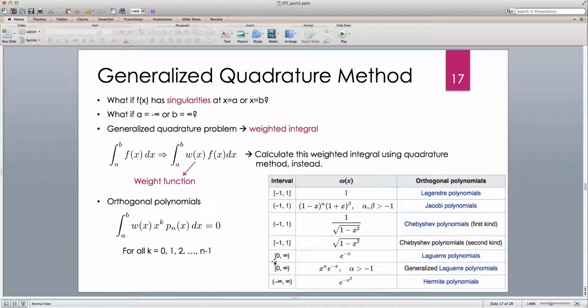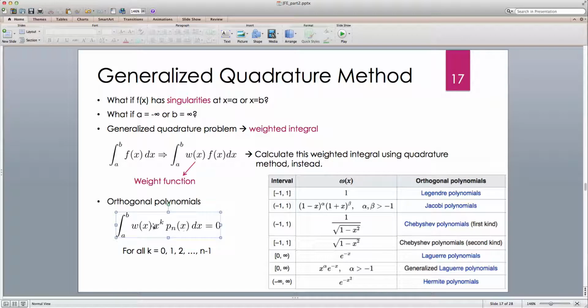If we are calculating the integral from 0 to infinity, infinity is automatically a singularity for the integration, right? In order to suppress this, especially if the function goes to infinity at infinity, we can suppress those fast growing values by a fast decaying function, which is e to the negative x. And this results in the Laguerre polynomials for the orthogonality.